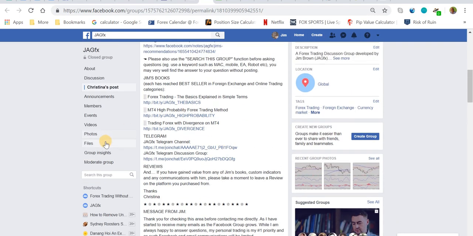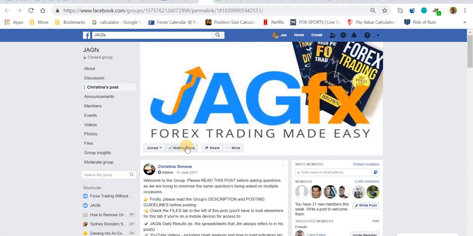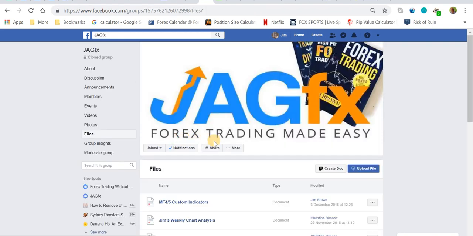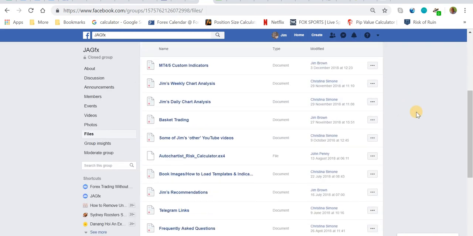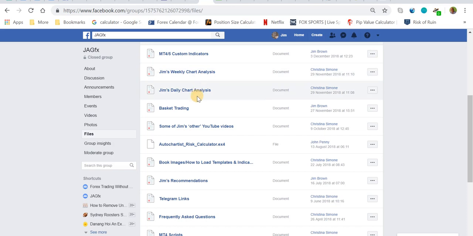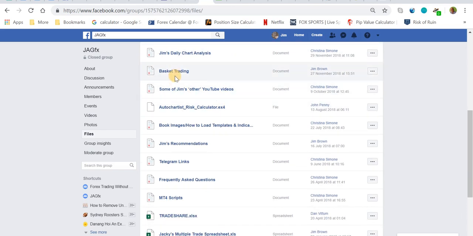If you go across to files over here, I'm not sure where it is on a mobile device, but on your main laptop it's files, click on that. And there's a heap of other resources you can read through here, just links to stuff. You can see there's one, the basket trading. I've talked about this in the group before. It's just where I'm trading a slightly different style. If you're interested in that, click on that.